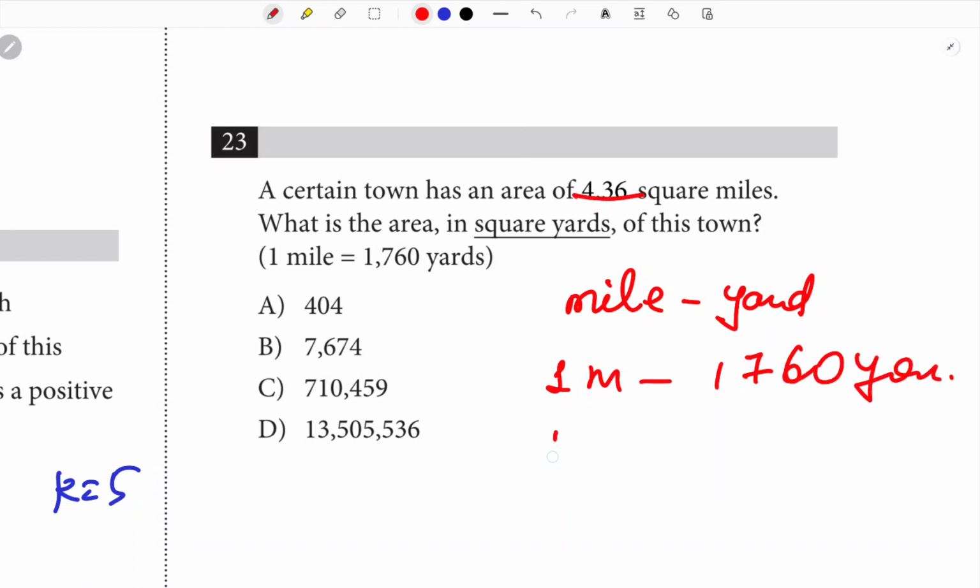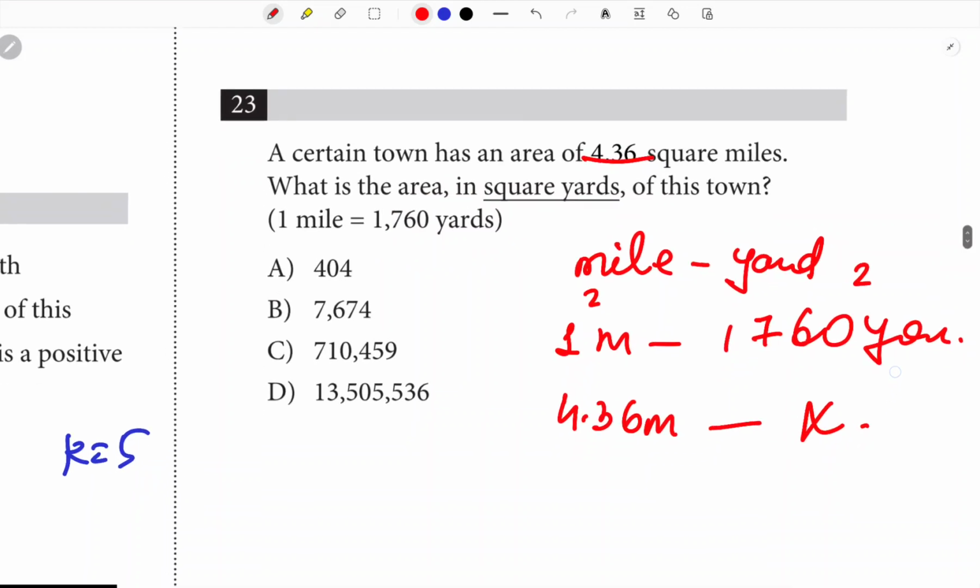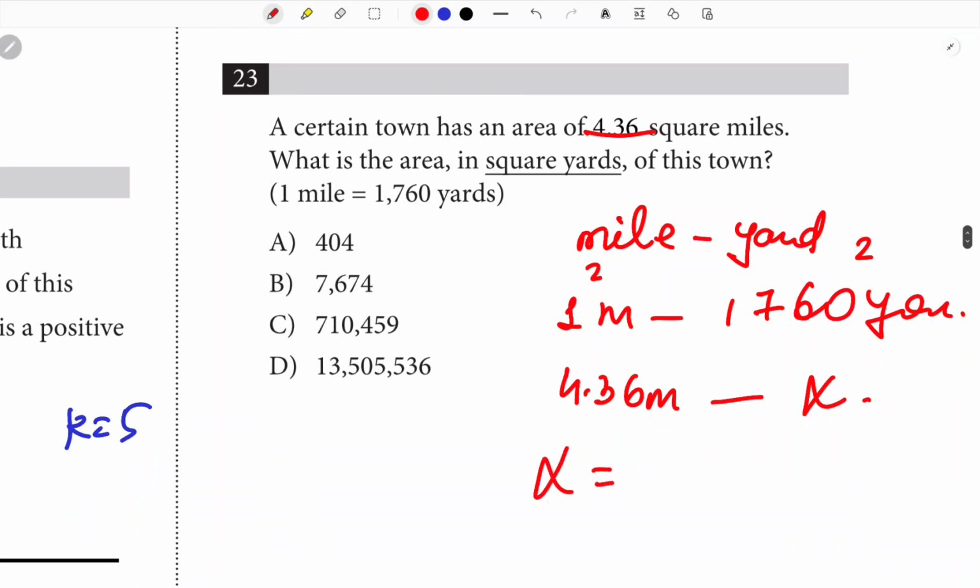And 4.36 miles, how many yards? And you see that here is only yards, there is no square. That's why I write square on all sides of the miles and yards. And you can use a calculator, so you get this answer.